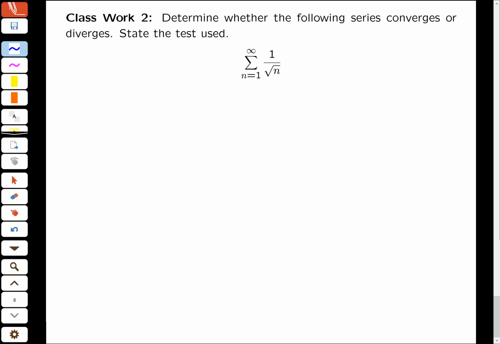Diverges by the p series. Why? P equals 1/2, smaller than the 1. That's all you have to do on the p series test. We like that one. That's the easiest test of them all.